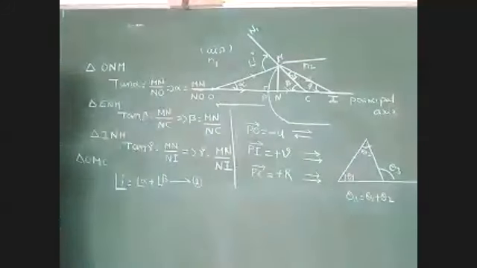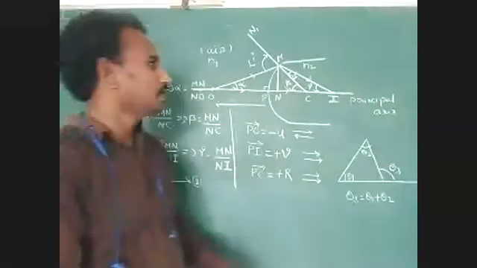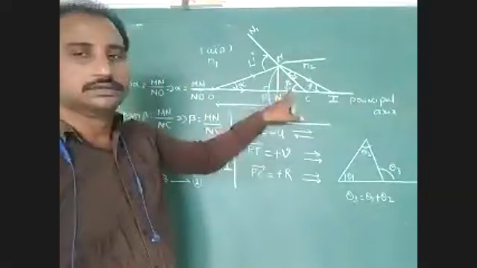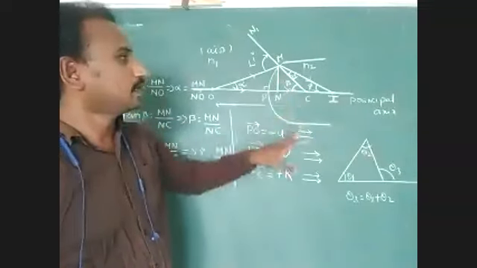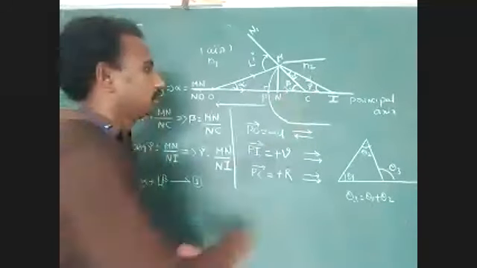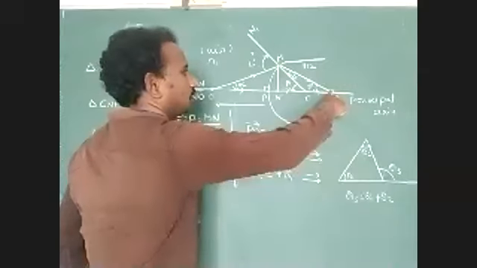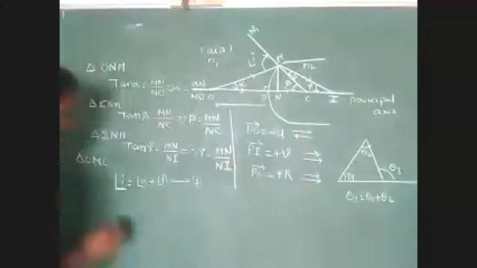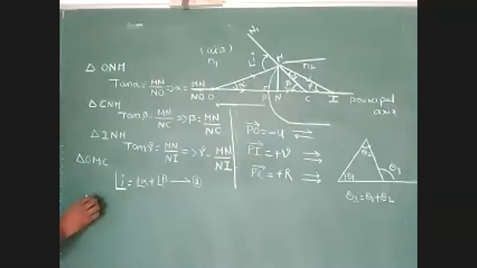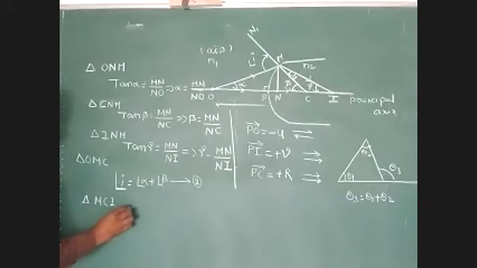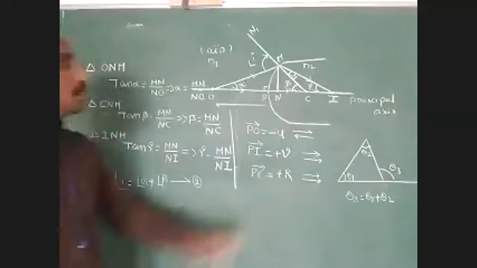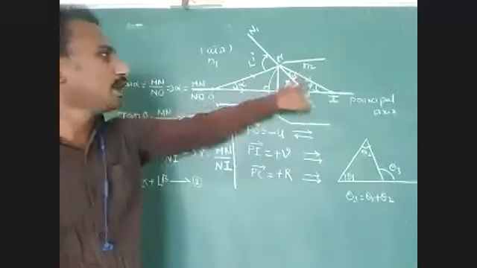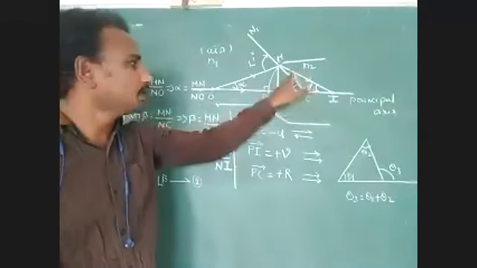Next, we have to find another exterior angle. Here beta represents another exterior angle. Which triangle do we consider for this exterior angle? Triangle MCI. Exterior angle beta equal to the sum of opposite internal angles. What are those internal angles?